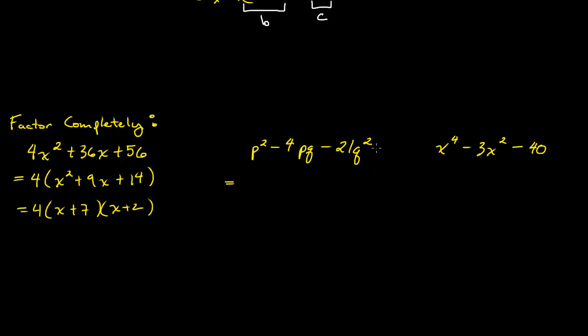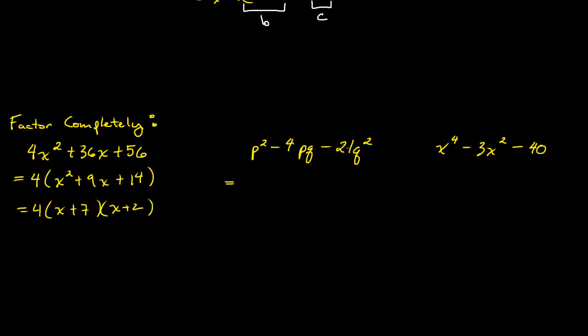The rule is that we find two numbers that multiply to this last term and add to the coefficient on the middle term. So let's treat negative 4q as though it's our coefficient. The game here is to find two numbers that multiply to negative 21q squared and add to negative 4q.